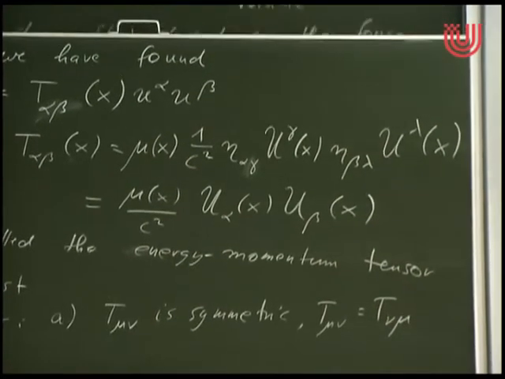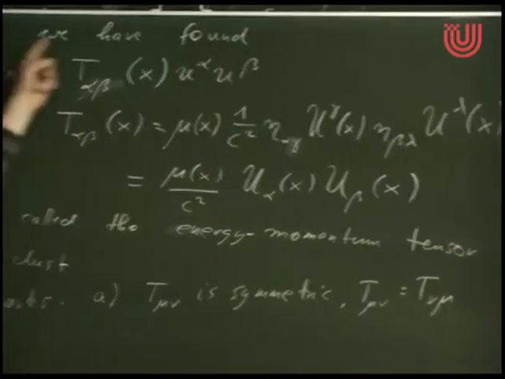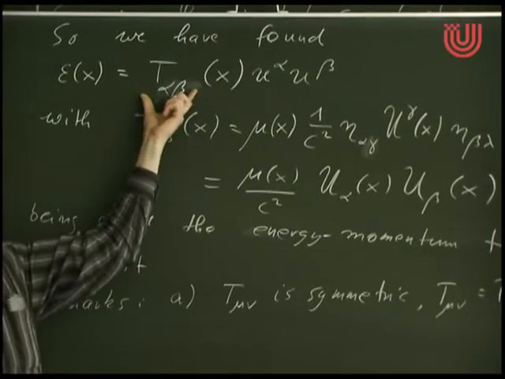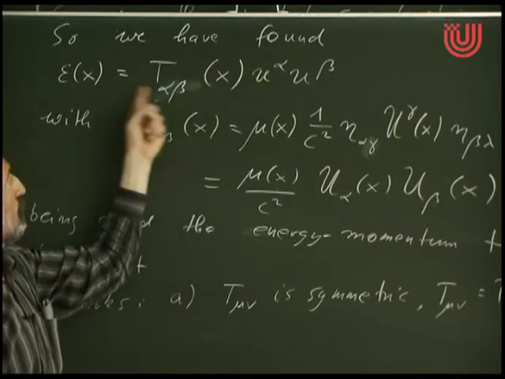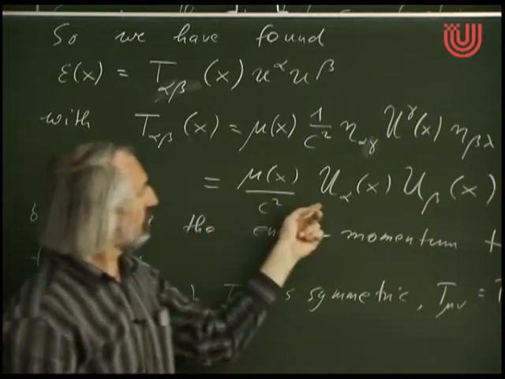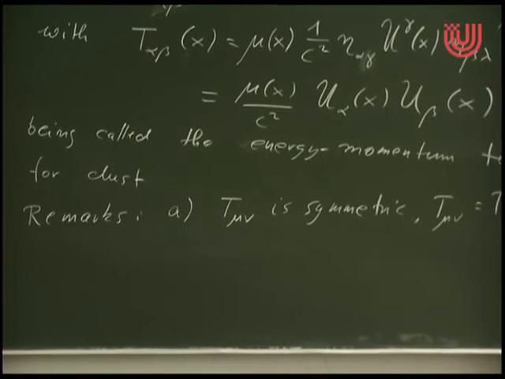Well, if that's the equation which characterizes the energy momentum tensor, then we see that an antisymmetric part would drop out, right? Because this here is symmetric. So if it had an antisymmetric part, it would give no contribution to the energy density. But from this expression, we see that it already is symmetric. That was the first remark.